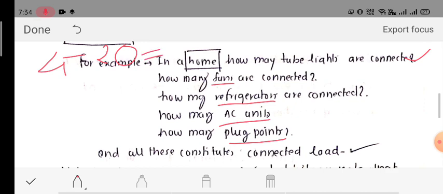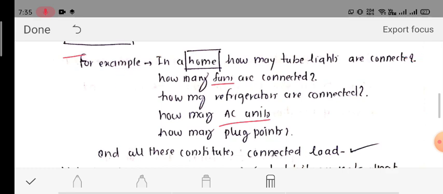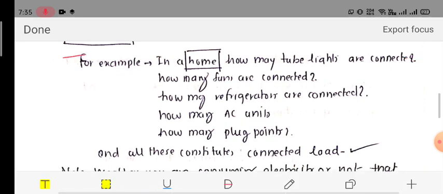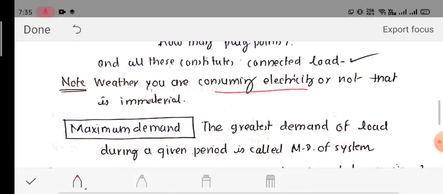Let's say there are 4 rooms, 4 fans, rating let's say 150 watt for each fan, then the connected load will be 4 multiplied by 150 for the fans, like for the refrigerator, the AC units, the plug points. One noticeable point in regard of connected load is that whether you are consuming electricity or not is immaterial.